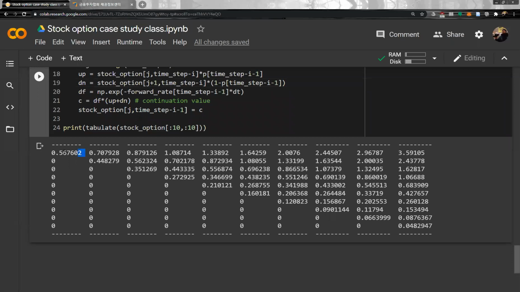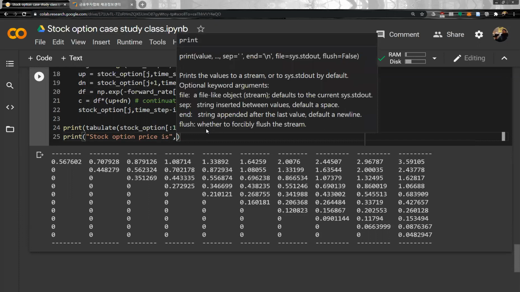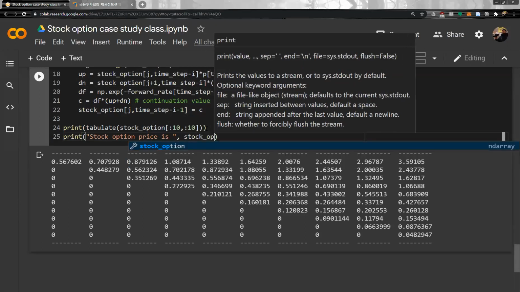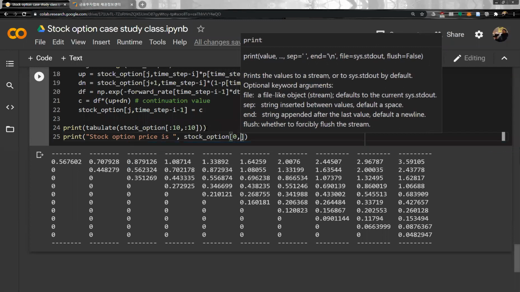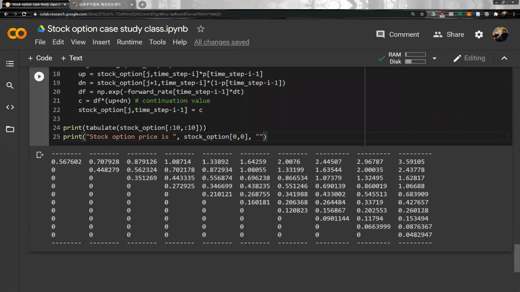So the very first argument is the stock option price. So print stock option price is, stock option, the very first one, 0.0, and then percent of current stock price.